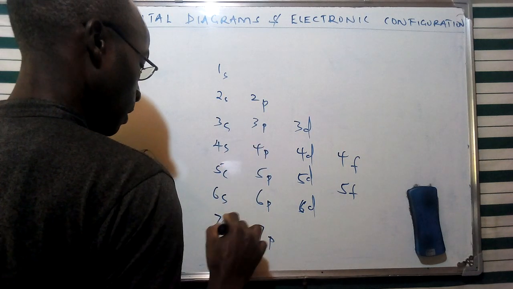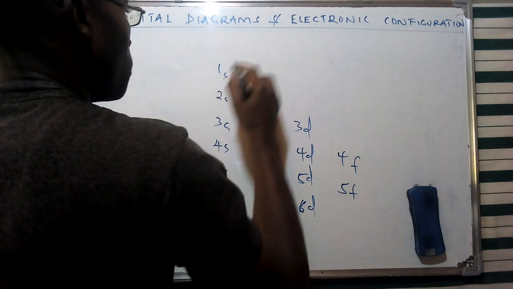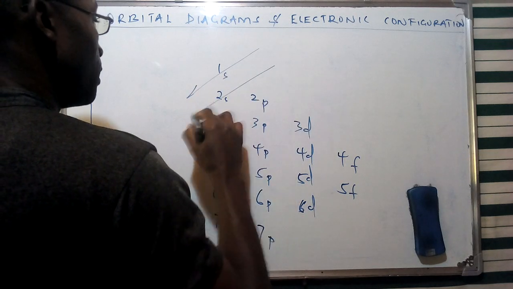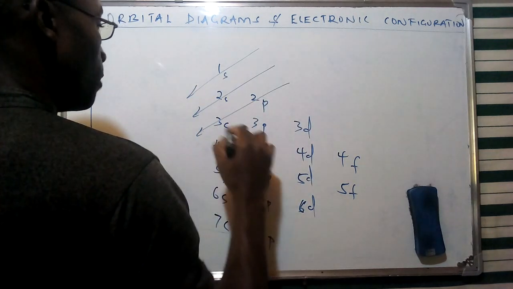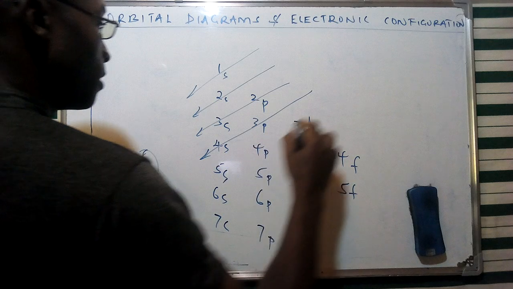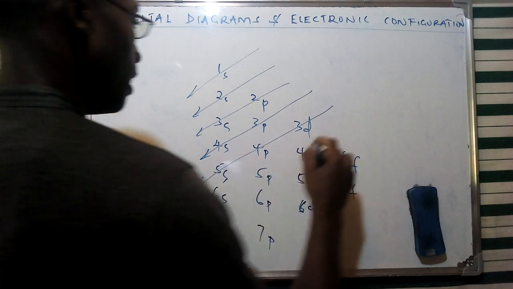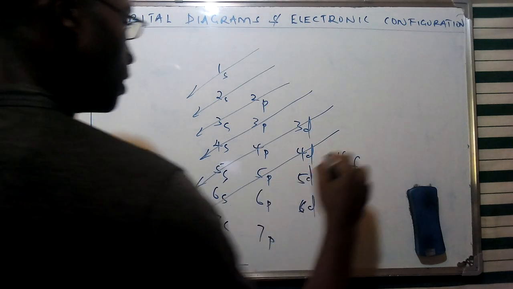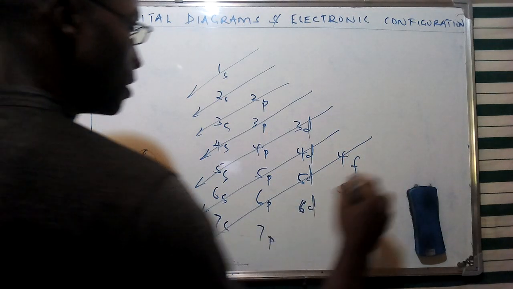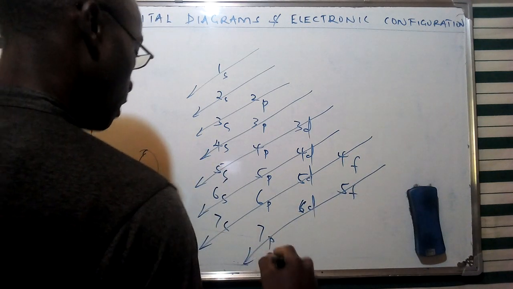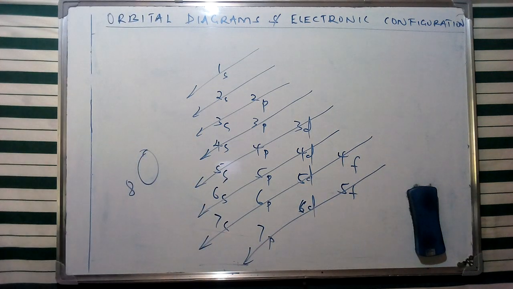According to the Aufbau principle, this is going to be building up using these arrows. The direction of these arrows is going to indicate an increase in energy for these various subshells, and therefore we're going to use this trend in giving an arrangement for the electrons of various elements.